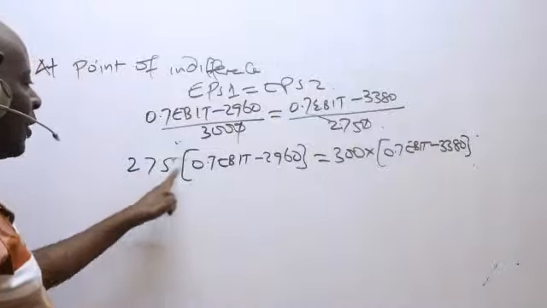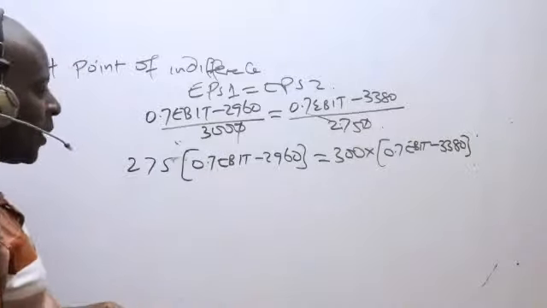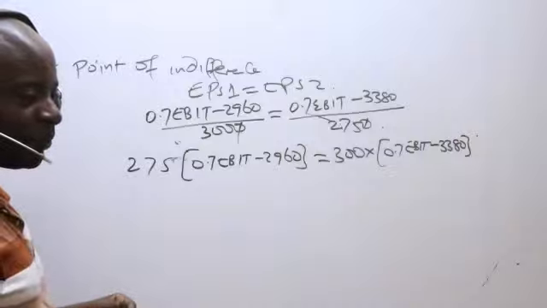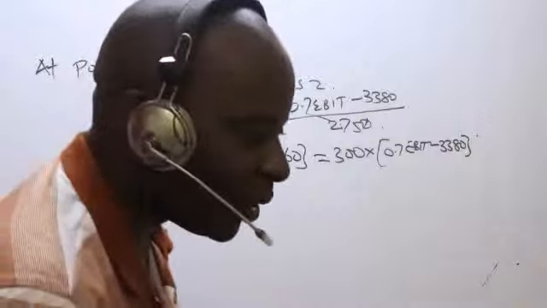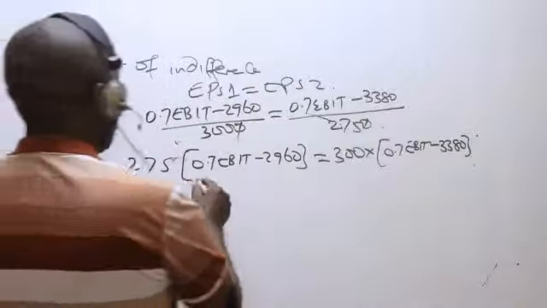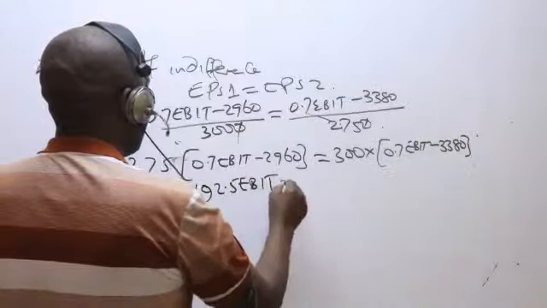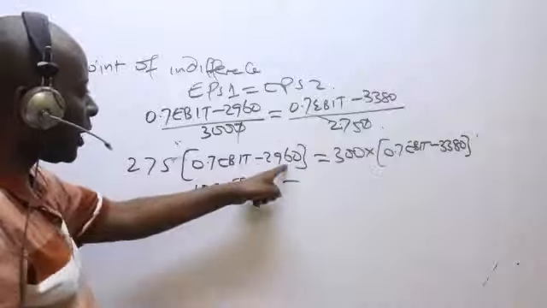What is 275 times 0.7? So we have 192.5 EBIT minus 275 times 2960.